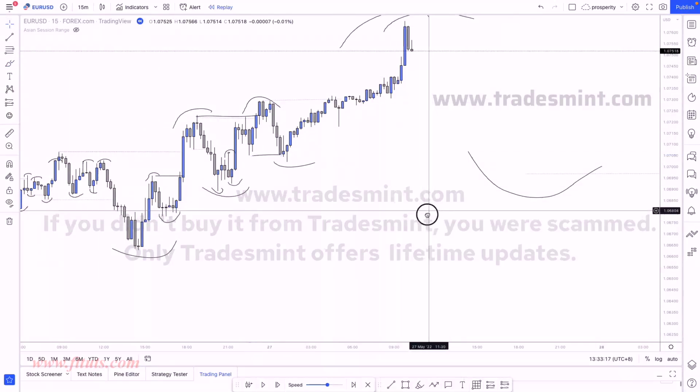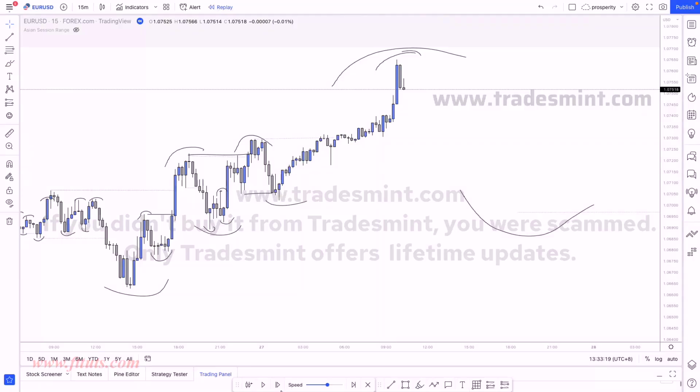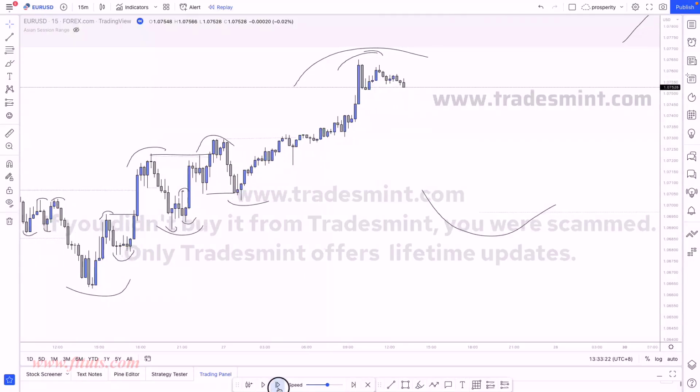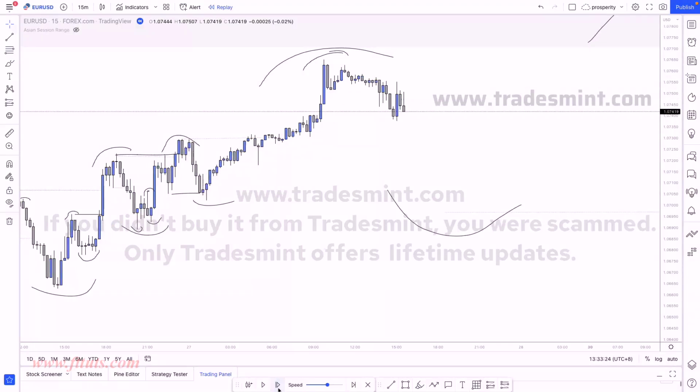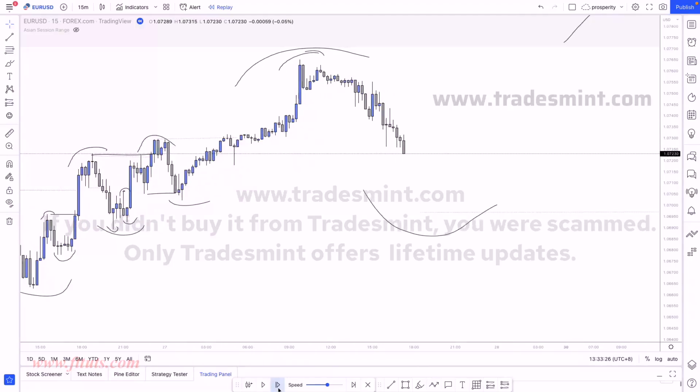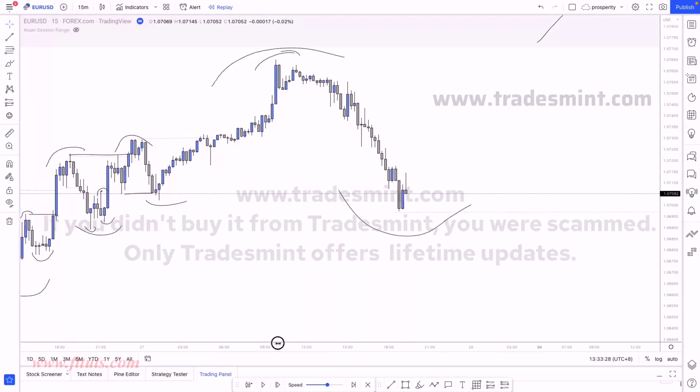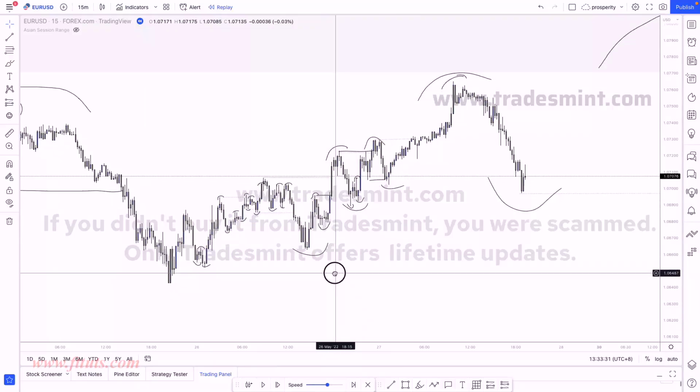And then away she goes. And that is the trend leg, I believe. Yeah. So that one trend leg there, look at the minor.